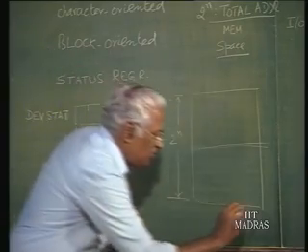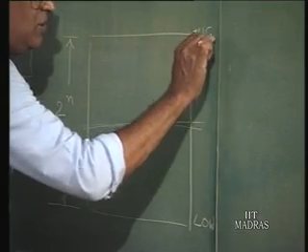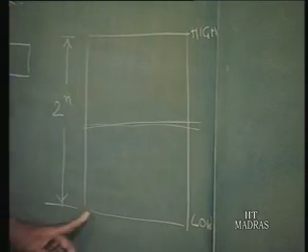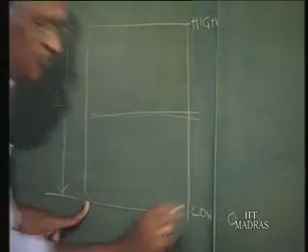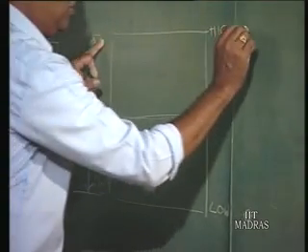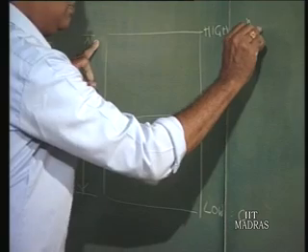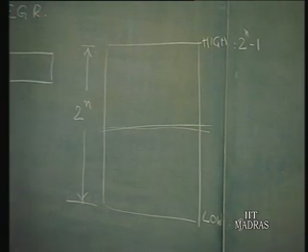That is, let us say this is the low address, this is the highest address. Then what is the address of the lowest location? That will be address 0. The address of the highest will be 2 to the power n minus 1, is it not? So, the total thing is 2 to the power n.